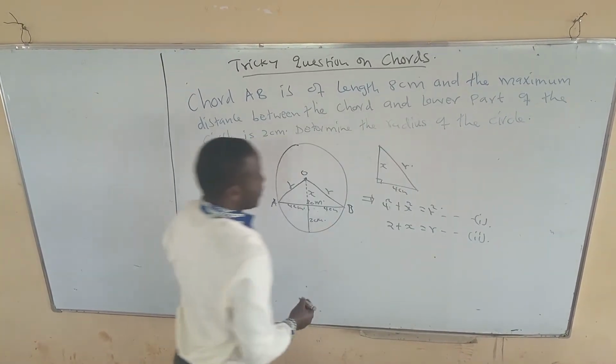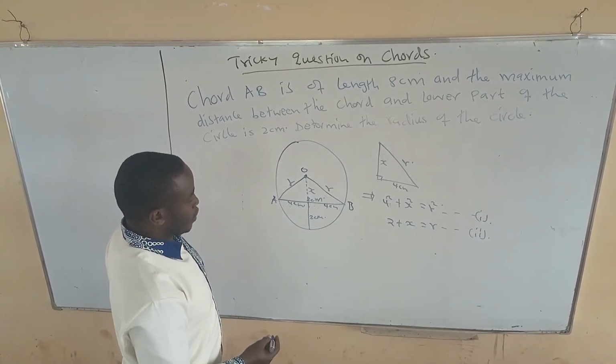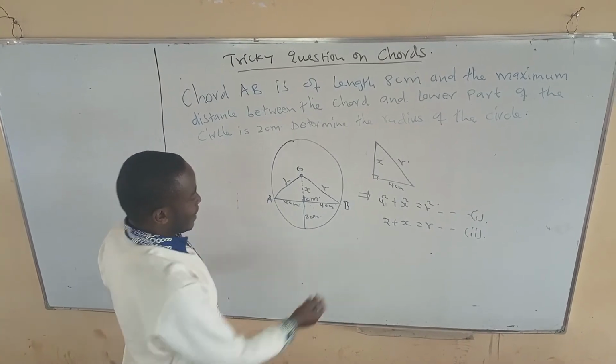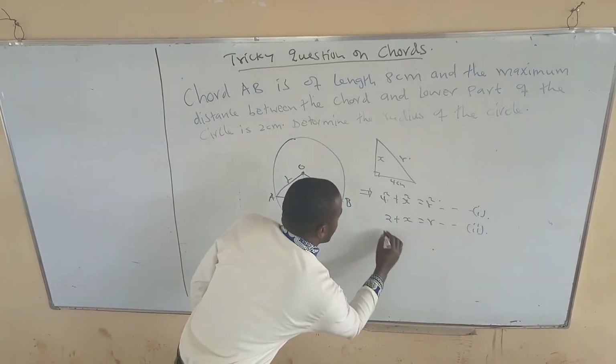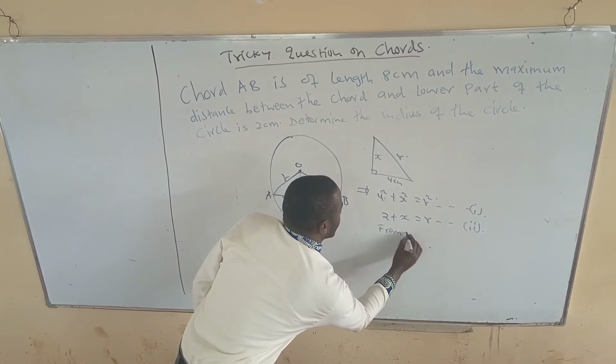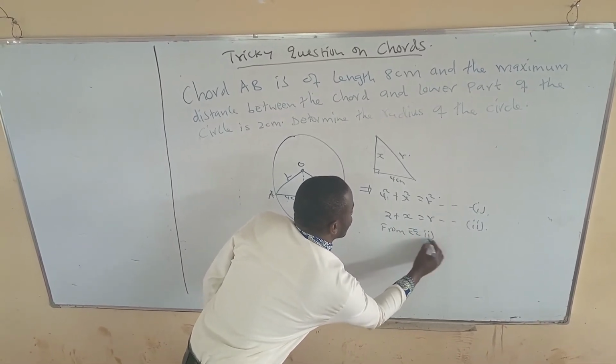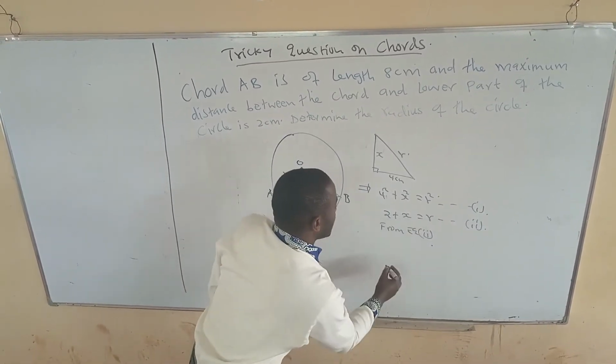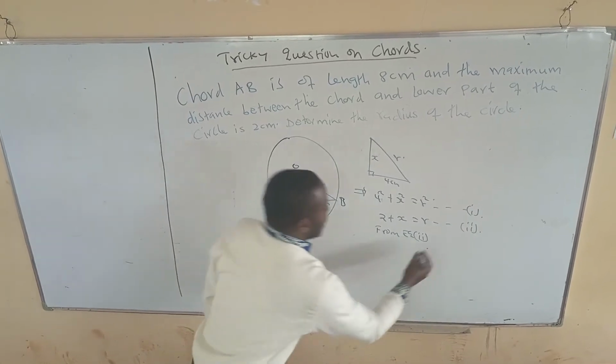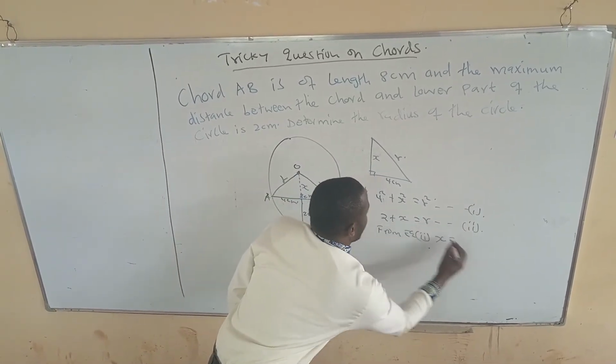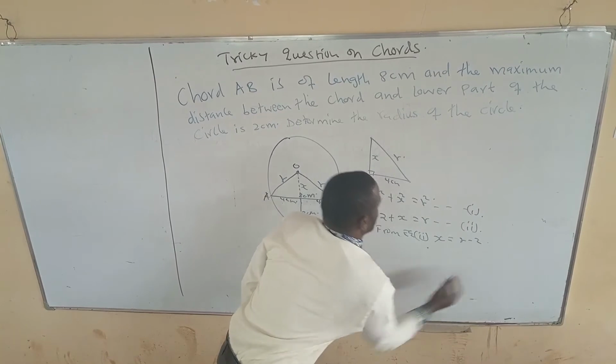So if I do it by substitution, I make x the subject from equation 2, so that I substitute in equation 1. x will be equal to r minus 2.